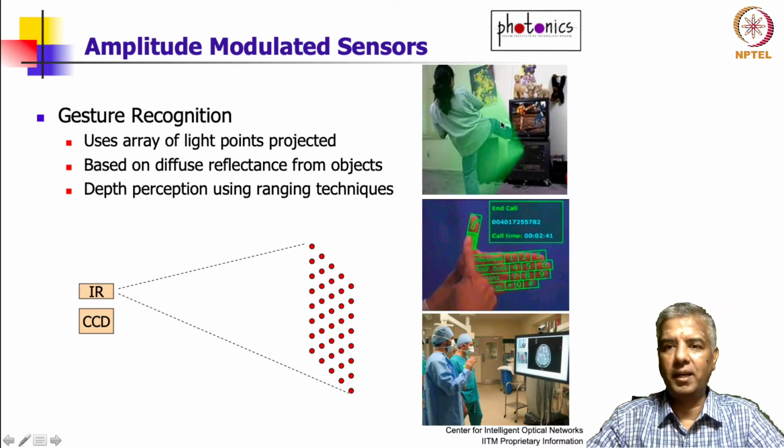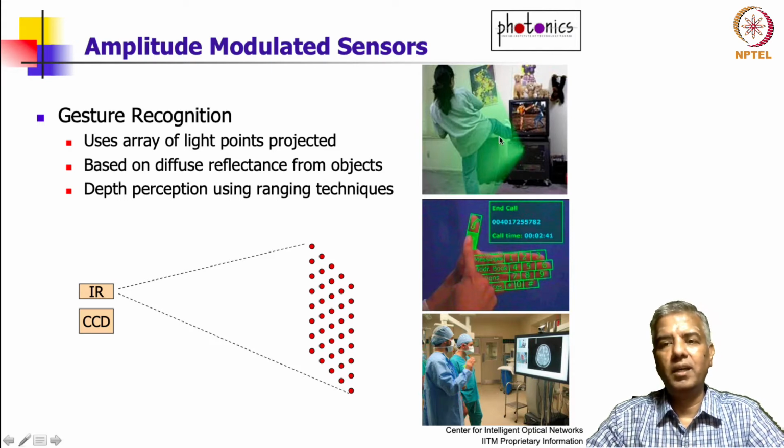In this case, if the kid is throwing a punch or throwing a kick, then the computer should recognize that and project an image which is mimicking that action. So how does it sense this?